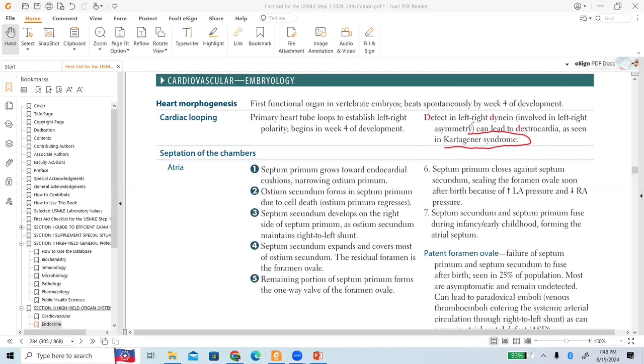Mark it as super high yield. UWorld and NBME don't ask in a straightforward fashion. They give you a clinical vignette: a 30-year-old male comes with infertility and recurrent respiratory tract infections, right?